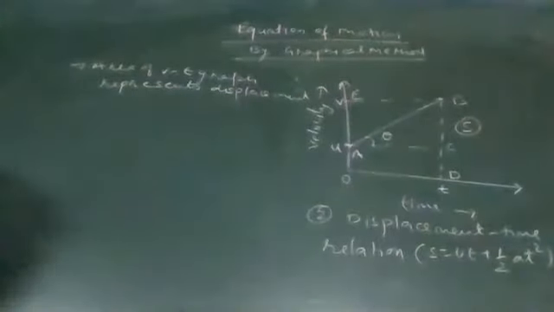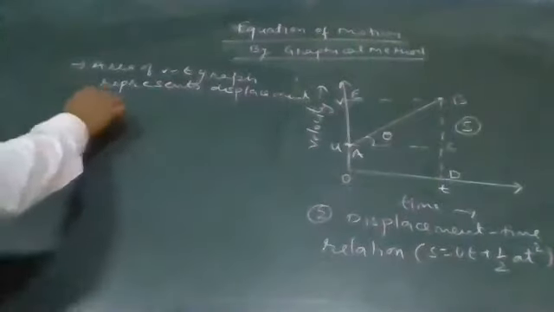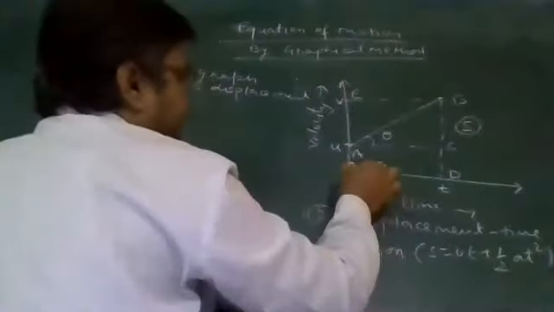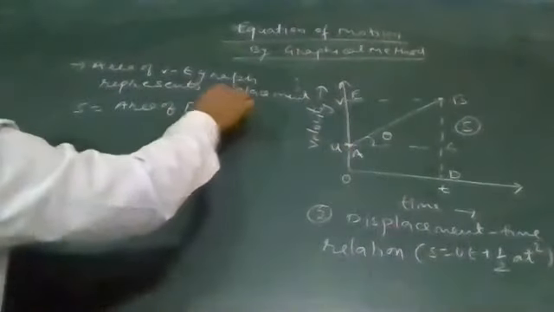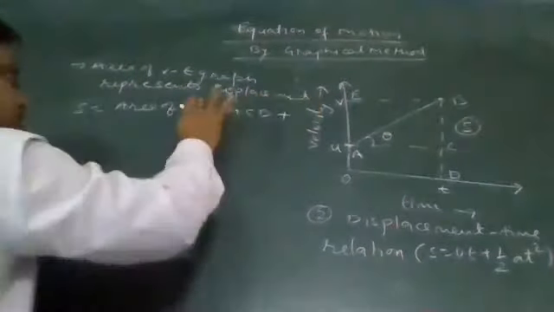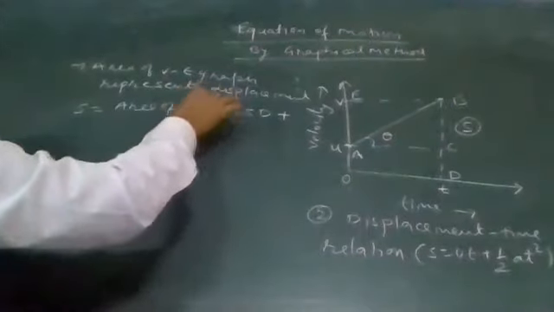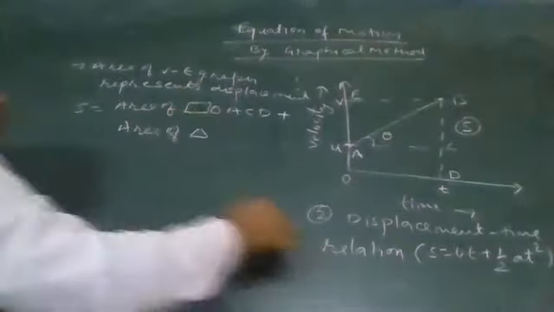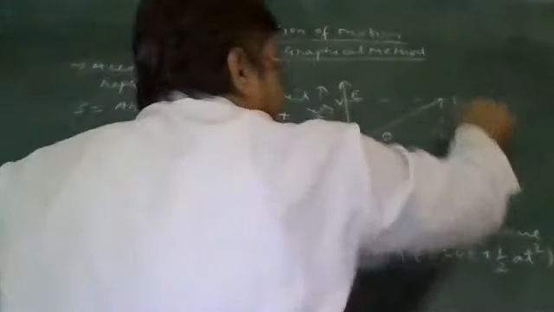If I want to calculate displacement, S will be the area of the rectangle OACD plus the area of the triangle ABC.